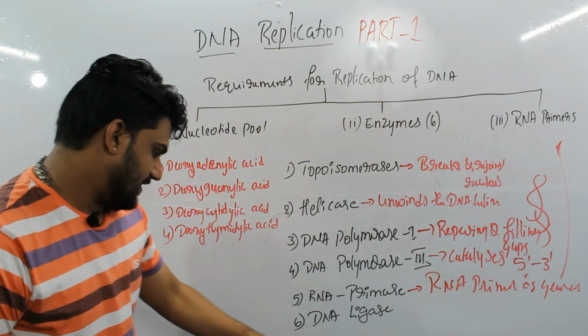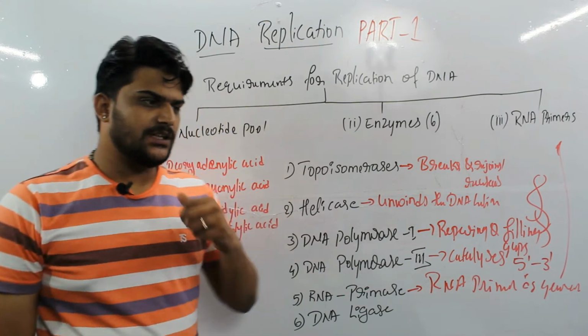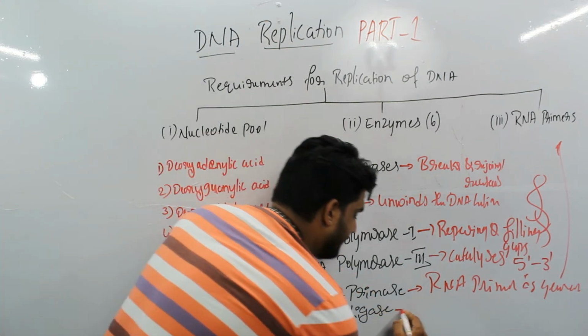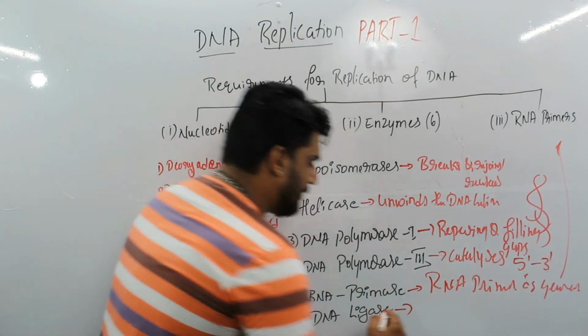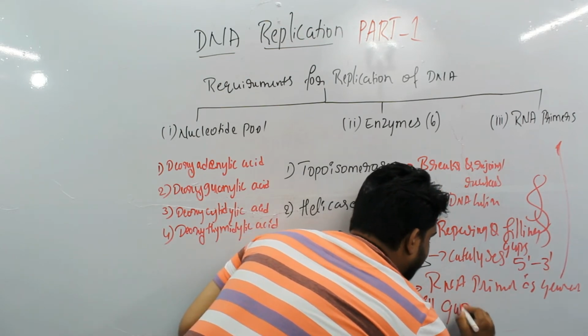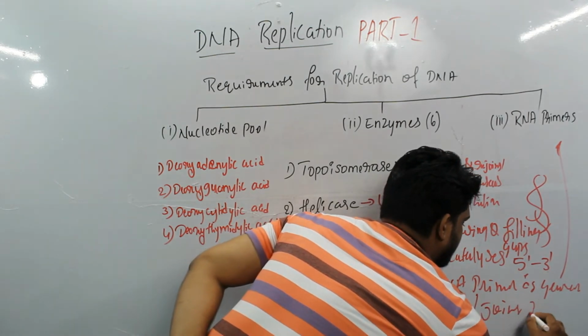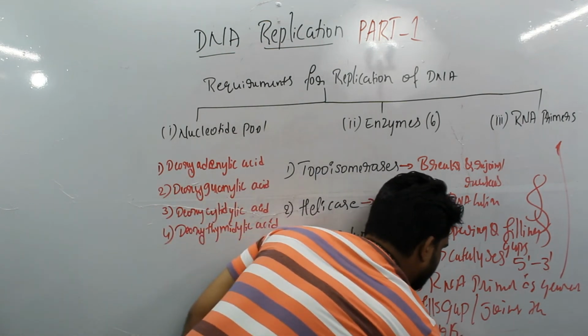Okay, now the DNA ligase. So what is DNA ligase? It's some type of glue, you can say, because it fills up the gap. The DNA ligase fills the gap, or joins two Okazaki fragments.